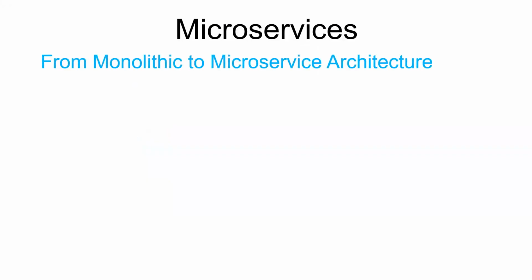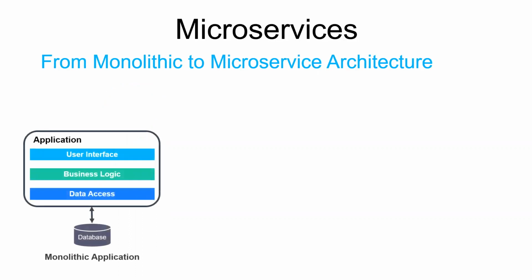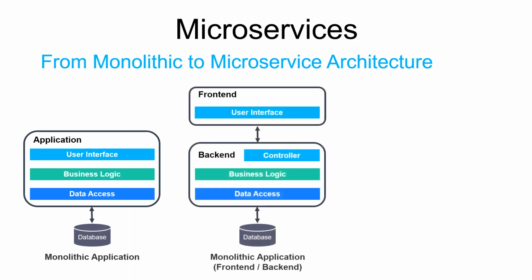As I said in the first part, monoliths are applications composed of a single deployment unit. With the evolution of technologies, modern monolithic applications split the front end from the back end, being then separate applications that communicate through an API. The front end could be implemented using modern JavaScript frameworks or libraries such as Angular, React, or Vue.